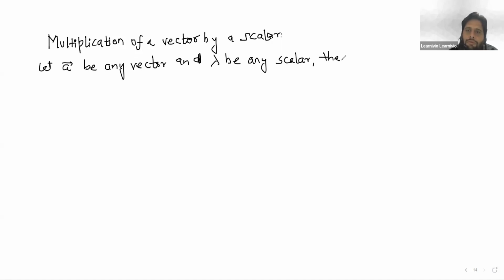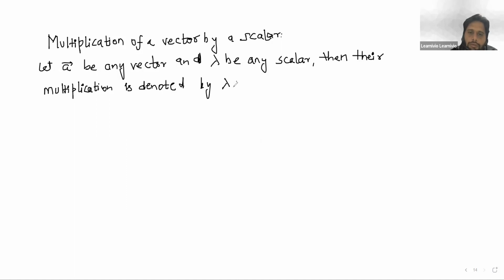Then their multiplication is denoted by lambda A. If you have any vector and any scalar lambda, then the product will be denoted by lambda A. Please note this down and again raise your hands.